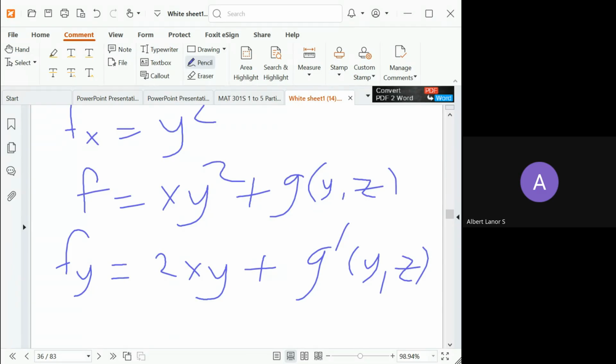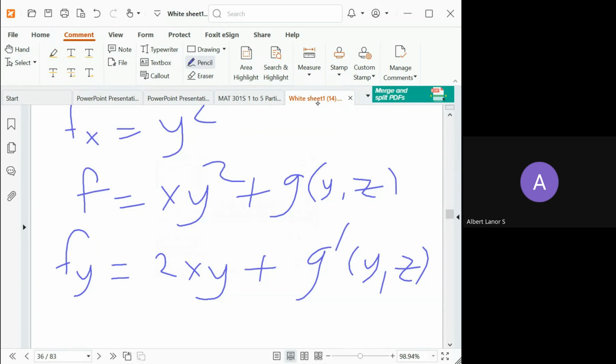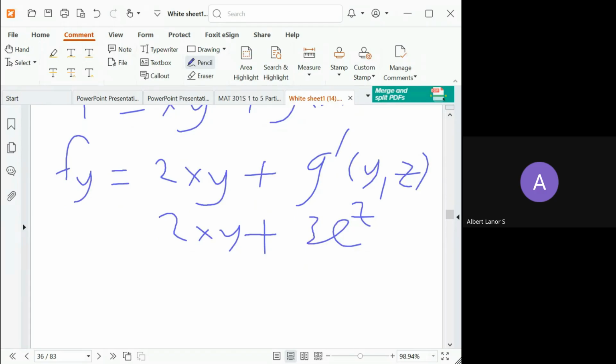Then we'll go back to the original problem and see what is f_y. Now, f_y we are given is 2xy plus 3e^z. Okay. Now, clearly, we can see that g prime of y, z is 3e^z.